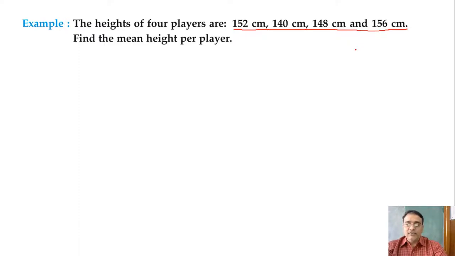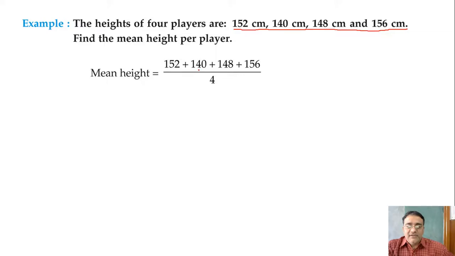So what will we do first? What is the formula for mean height? The sum of all these 4 numbers divided by which number? 4. Yes, very good. So mean height is equal to 152 plus 140 plus 148 plus 156.